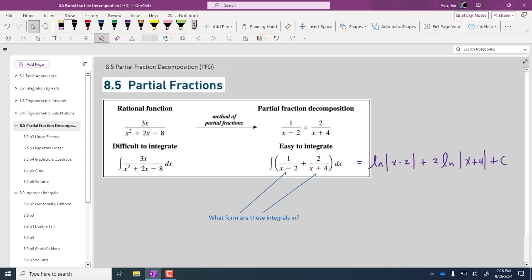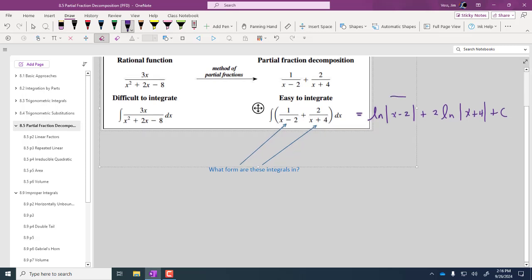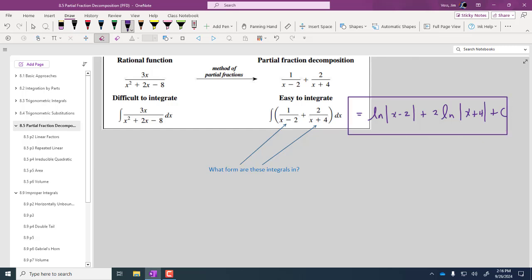So if we can get to this spot where we have a partial fraction decomposition, it's usually way easier to integrate. Over here, we could try to complete the square. That might be another technique that will work, but PFD, if you can break it apart into little fractions, is going to be pretty darn quick.